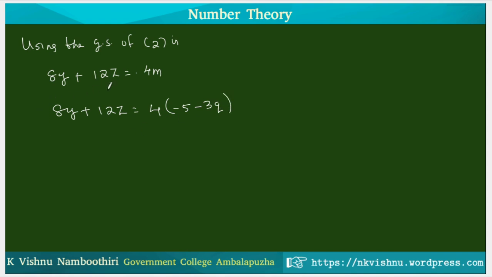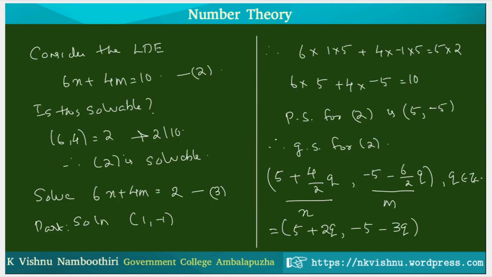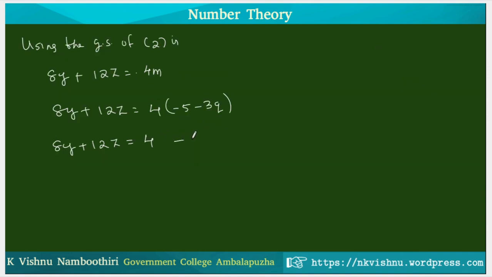Now note that the GCD of 8 and 12 is 4. Call this equation number 4, this equation number 5.